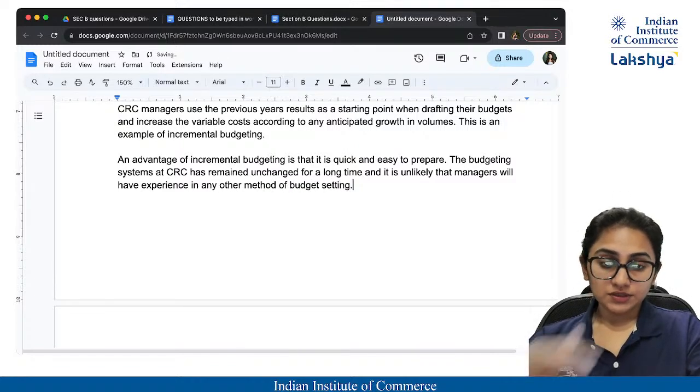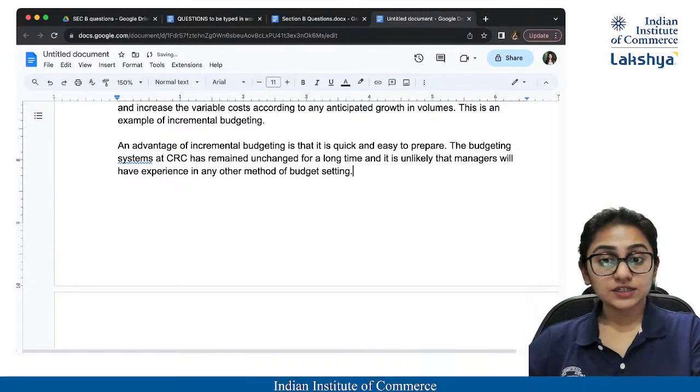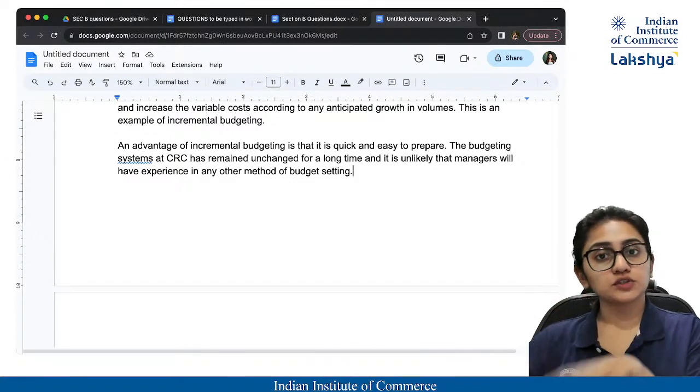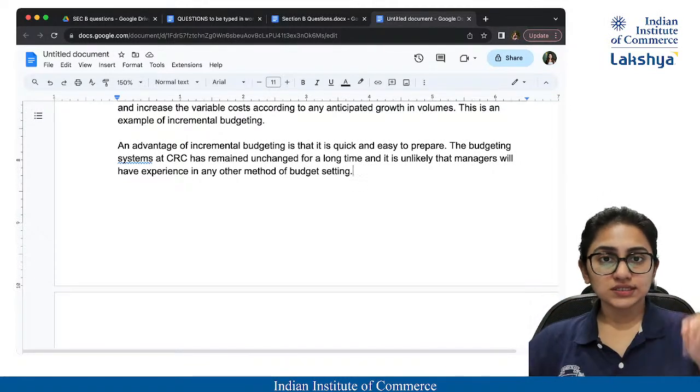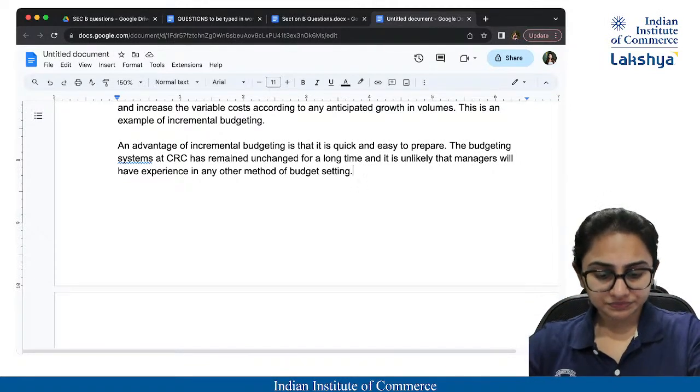So the problem here is that for the last 10 years they are doing only incremental. So it's unlikely that the managers have experience of preparing some other budget, because what they're doing, they're straight away picking up the budget of the last year, making additions and subtractions and providing it this year.